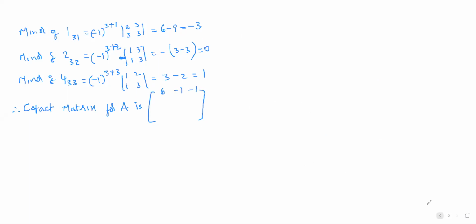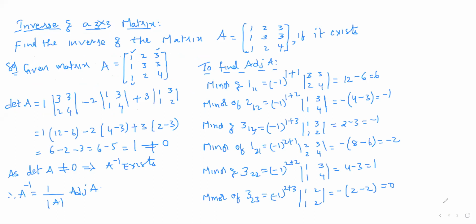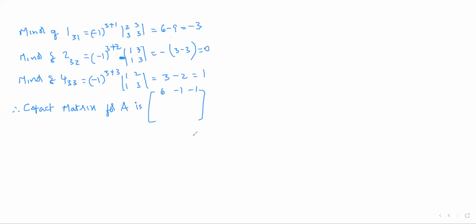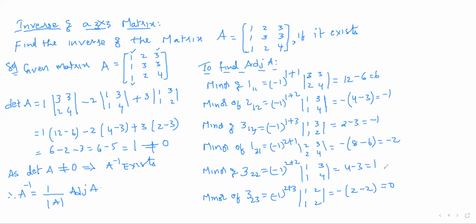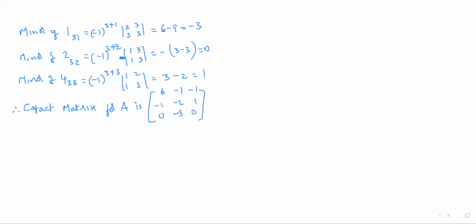And the second row minus 1 minus 2 1. And last one 0 minus 3 0. Okay, this is the cofactor.